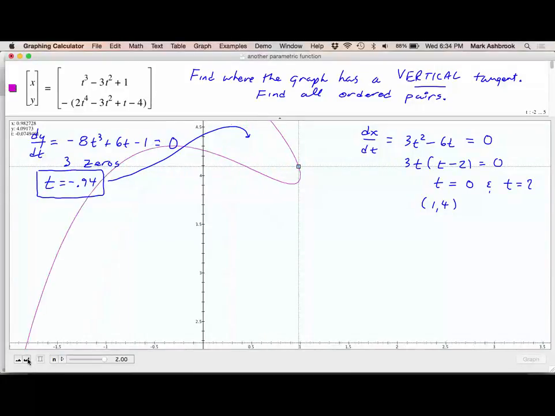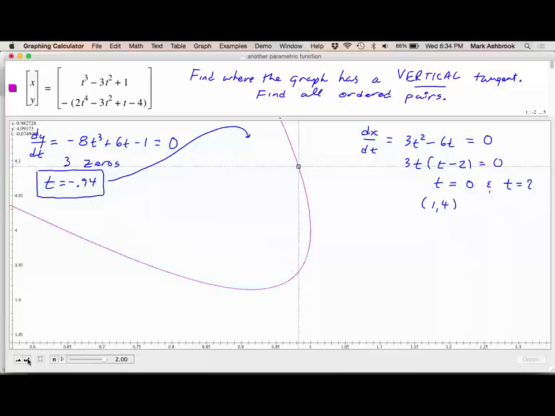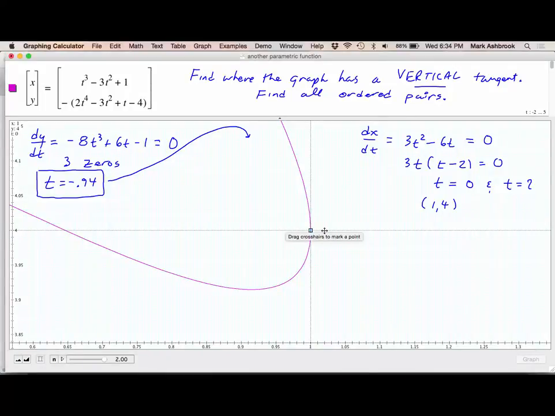So if I zoom in right there, here at the nose, there it is, 1, 4. And that's where, for just a moment, change in t means no change in x, so that the point is moving vertically, if you want to think of it that way. But so for small change in t, no change in x, vertical tangent.